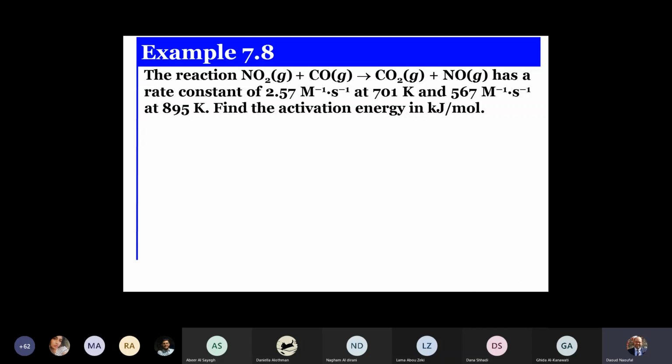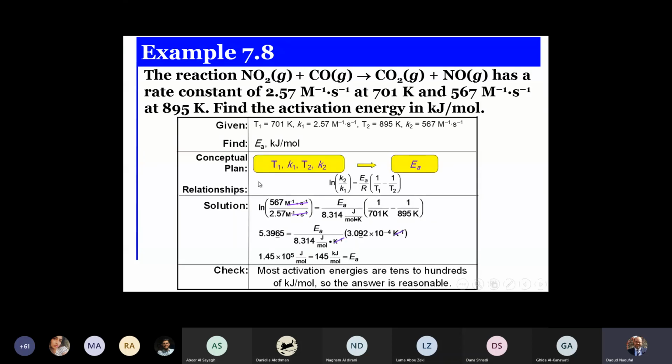First of all, look at the unit of K. The unit of K at T1 is the same as at T2, since the unit of K is related to the order of the reaction. In this case, the unit is m minus 1 second minus 1, so this reaction is of second order. This is not requested in this exercise, but I explain how to find the global order of the reaction.